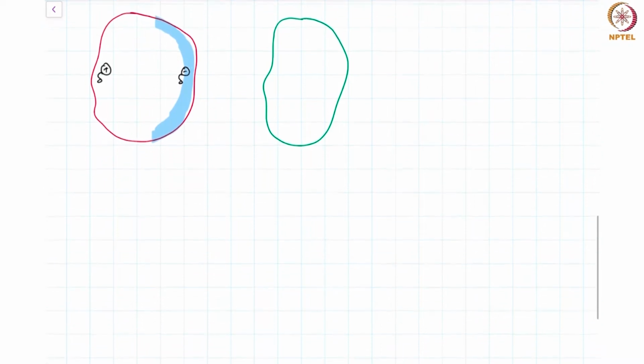Now you can say that this molecule is now in a polarized state, right? So what I'm representing here is an electron rich region. Okay, and this polarized state, now once you have an instantaneous polarized state, it creates an instantaneous electric field.